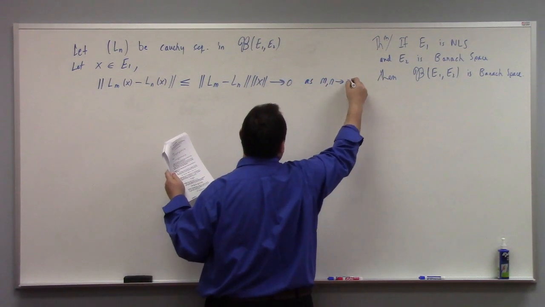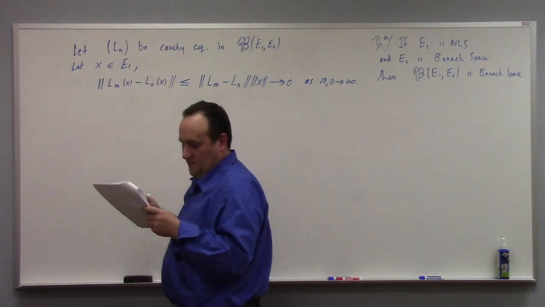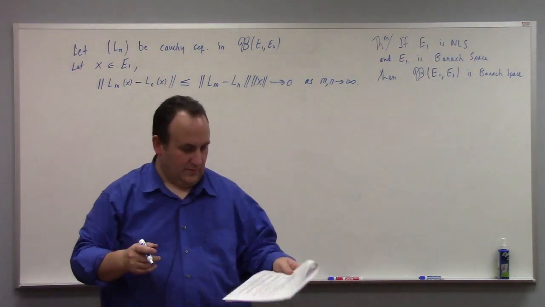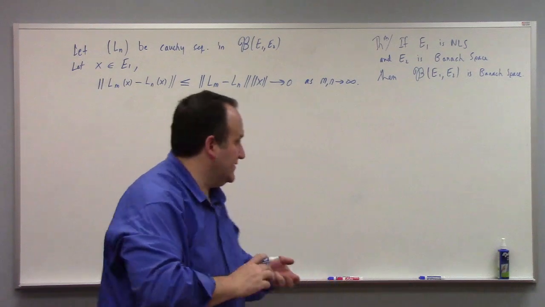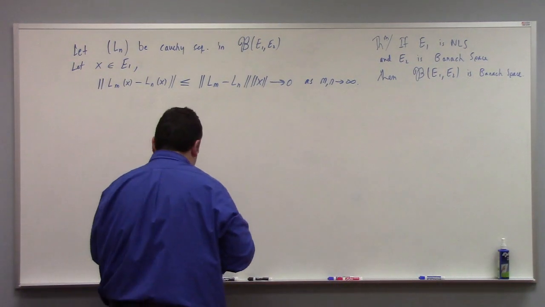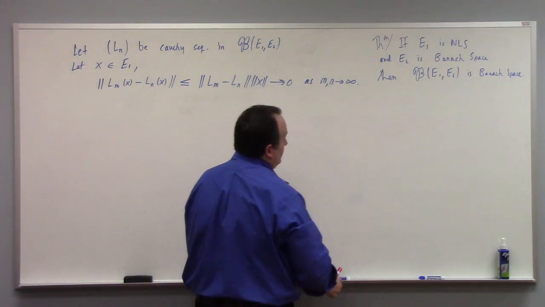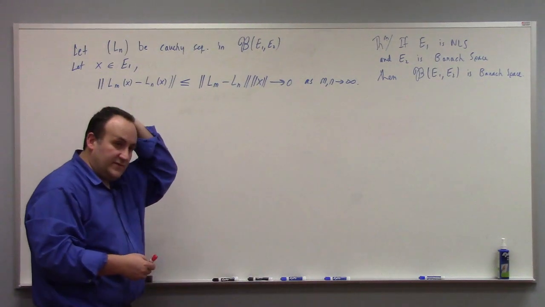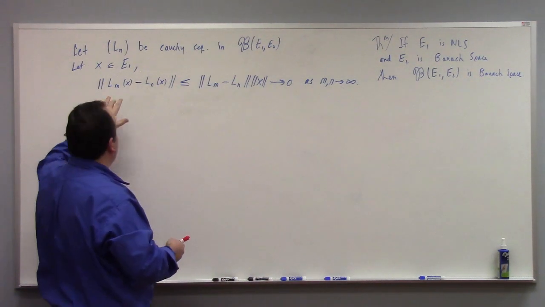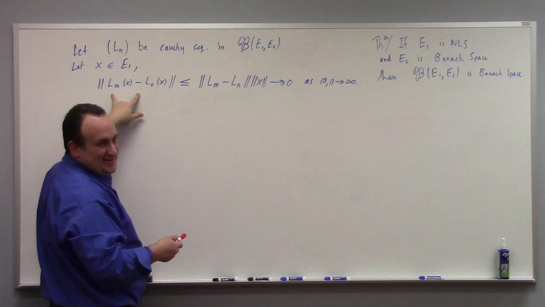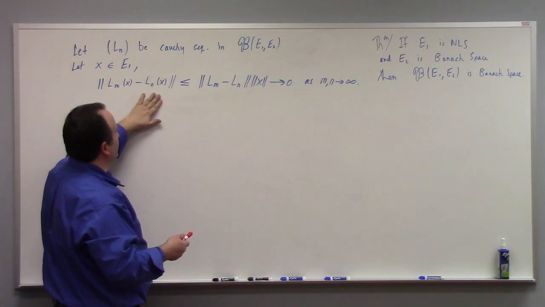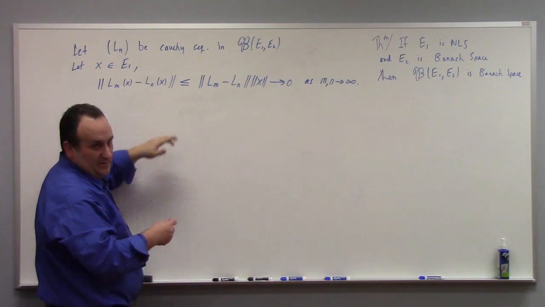Now, there's a little bit of a fast move right there, because he's mixing the norm on the function space. Do you understand the difference here? This is the norm in E2.